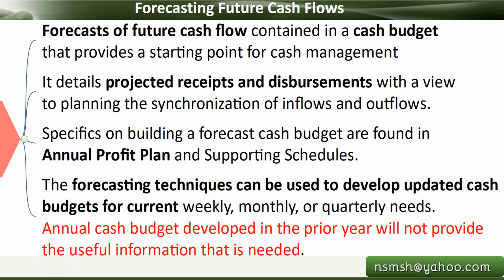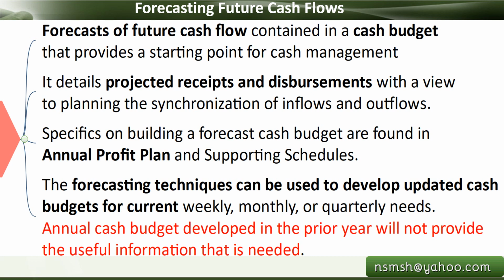Specifics on building a forecast cash budget are found in the annual profit plan and supporting schedules. In every business concern there will be an annual profit plan. In that, this forecast will also be incorporated with appropriate supporting schedules, showing in which quarter this inflow and outflow will be affecting.